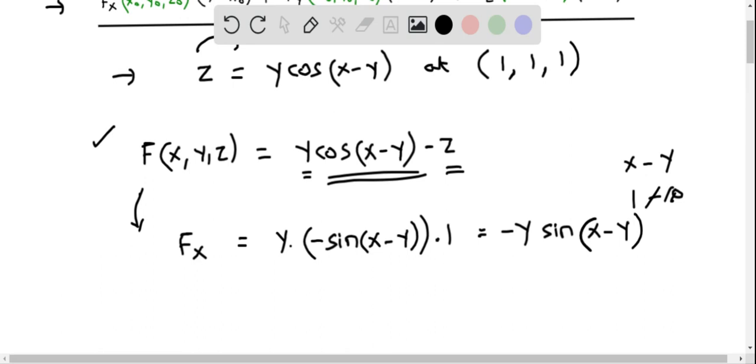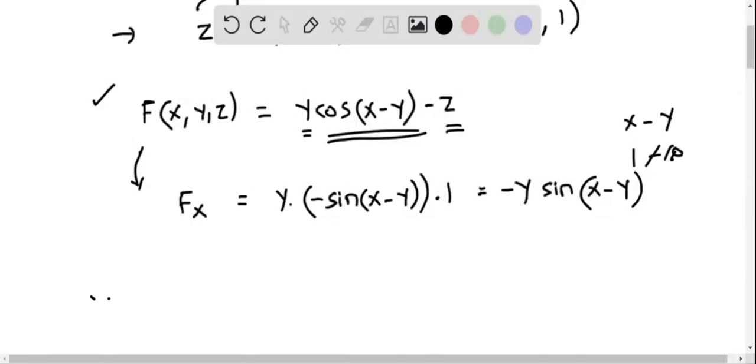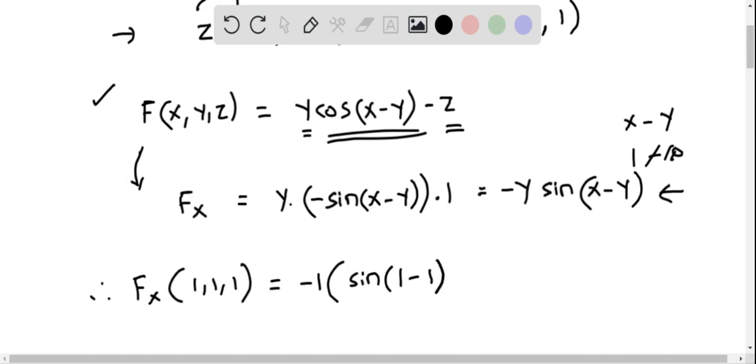And so we can evaluate this partial derivative at the point (1, 1, 1). Therefore I write f_x at (1, 1, 1), and this means we have to replace x, y, and z by 1 in this equation. So it becomes negative 1 times sine of (1 minus 1), which is negative 1 times sine 0, and the value of sine 0 is 0.